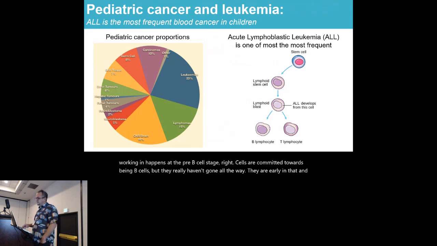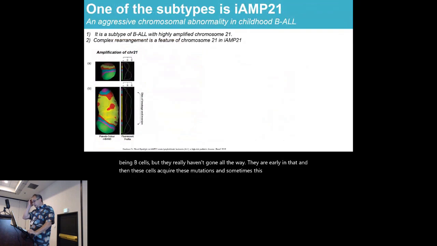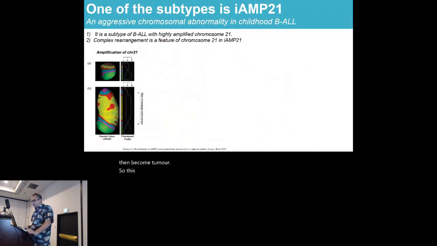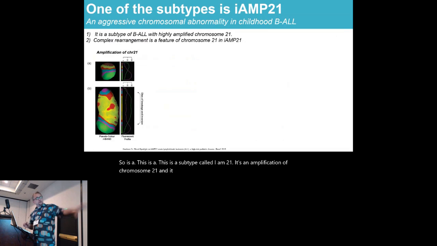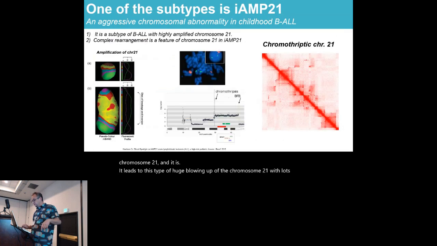These cells acquire mutations, and sometimes chromothripsis, and then become tumor. This is a subtype called iAMP21. It's an amplification of chromosome 21, and it leads to a huge blowing up of chromosome 21 with lots of amplifications.